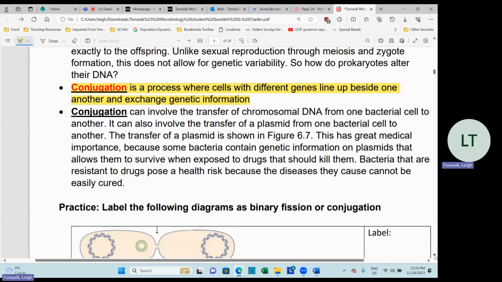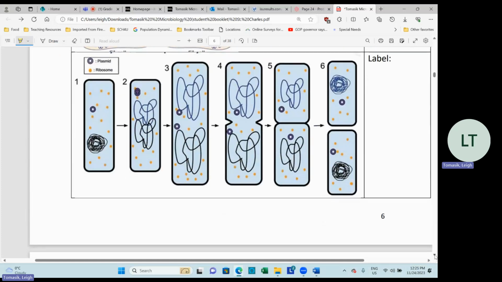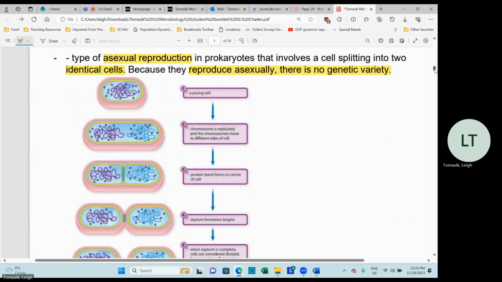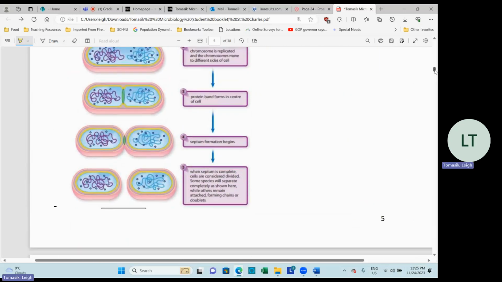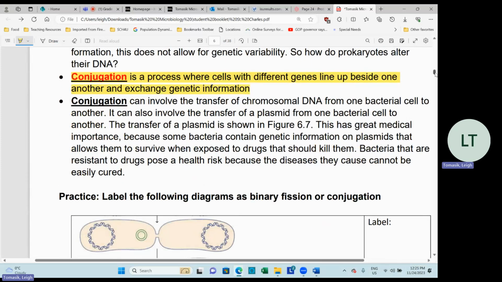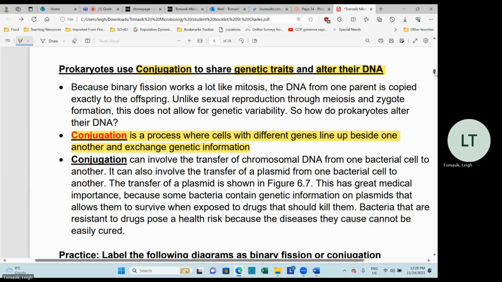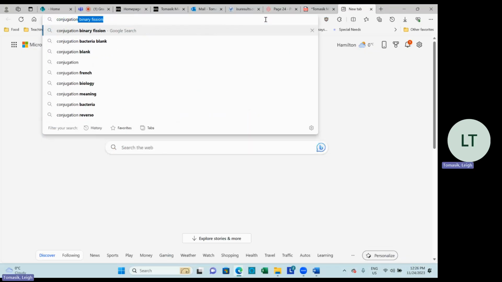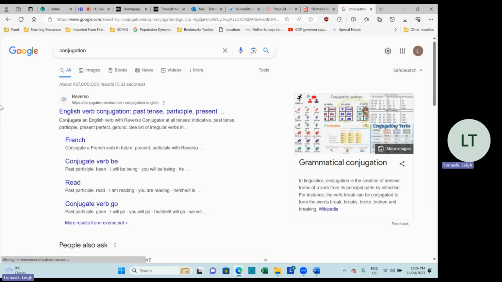This has a great medical importance. Oh, where did my diagram go? Well, it seems like it has disappeared. So let's look at a conjugation diagram.